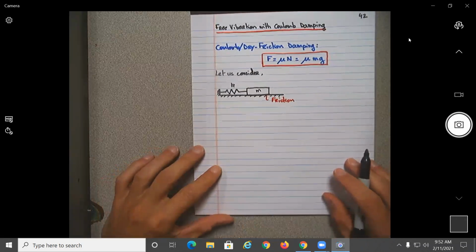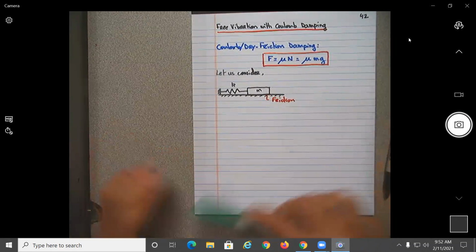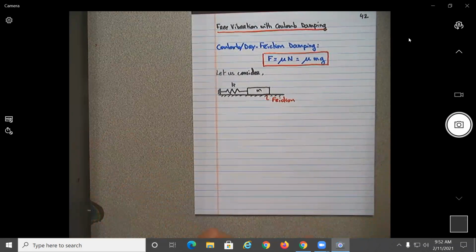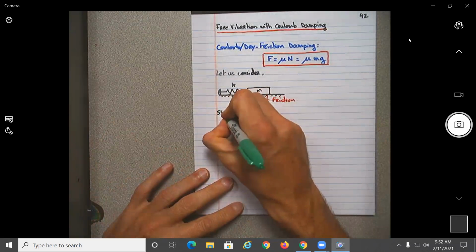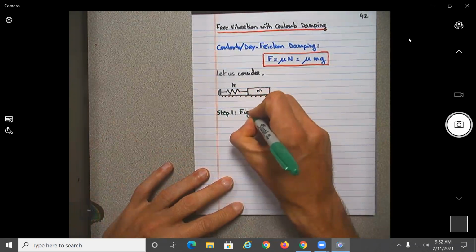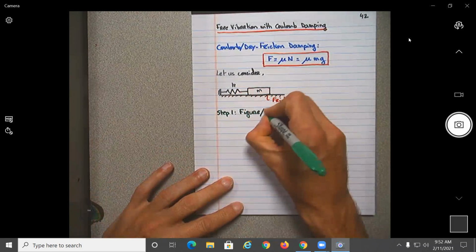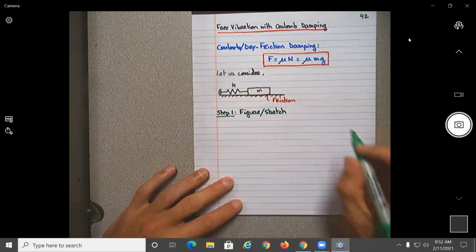All right, so what is the procedure in order to derive the equation of motion? We need to follow the procedure. The first thing is always to do some type of figure. So step one: a figure or sketch of what is happening.